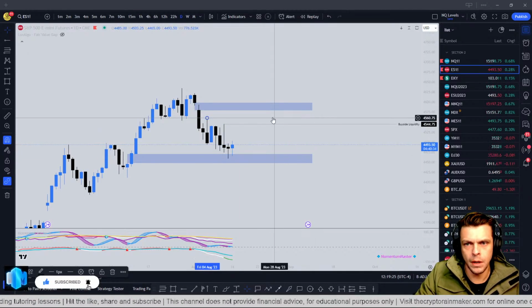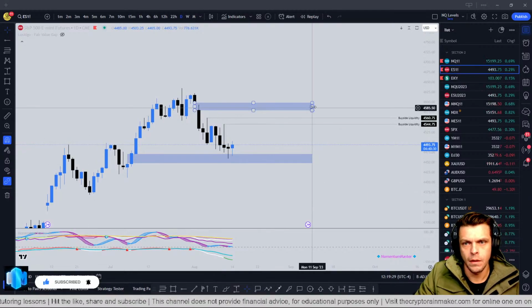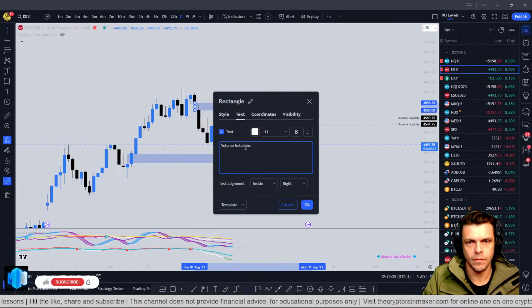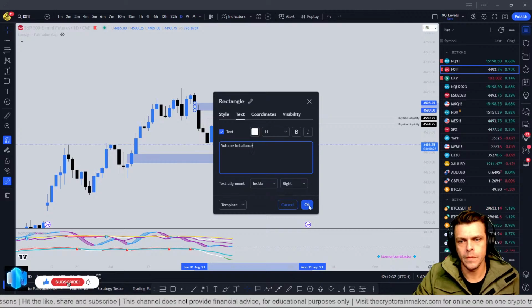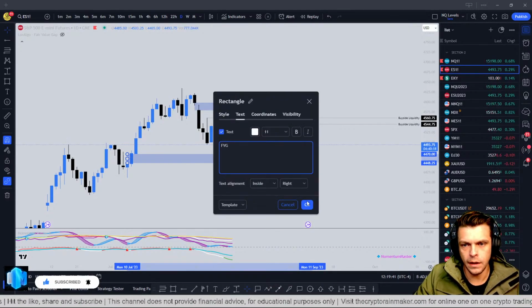That's going to be our buy side. Let's label this. So this is a volume imbalance, and this is our fair value gap on the daily.